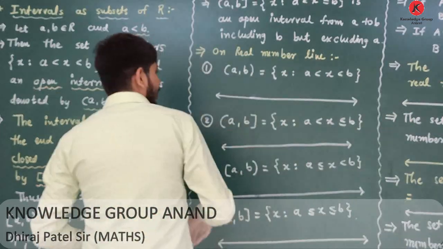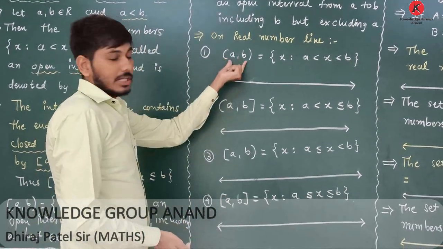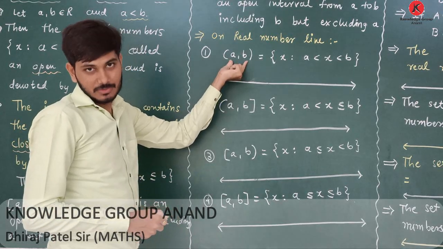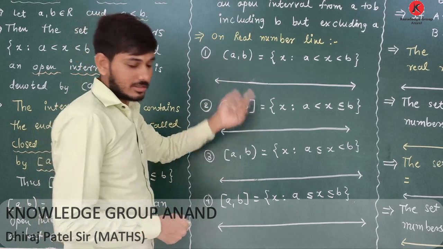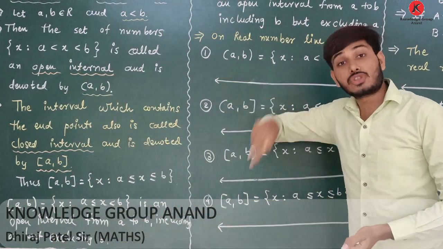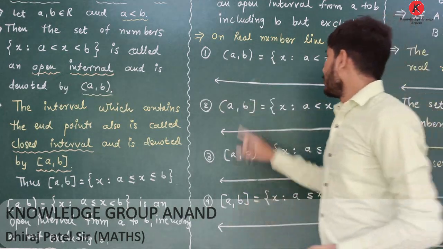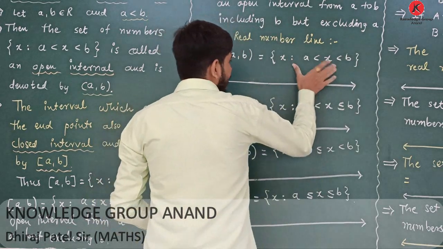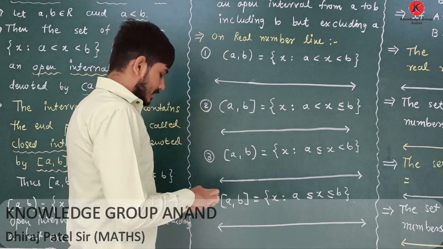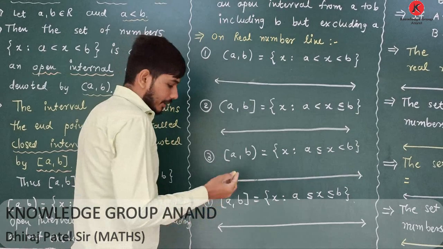Now, we can represent these sets on the real number line. First, open interval A to B excluding A and B. It is also written in set builder form as x such that A less than x less than B. Now, what is the representation of this interval on the number line?